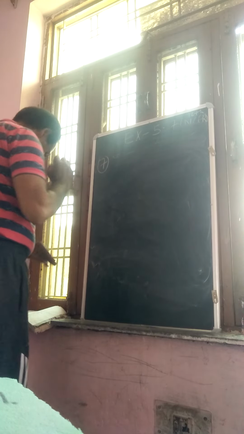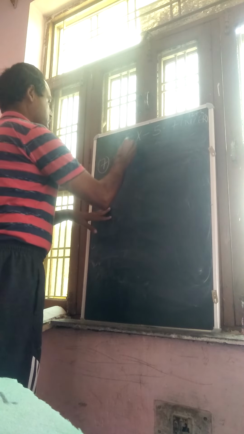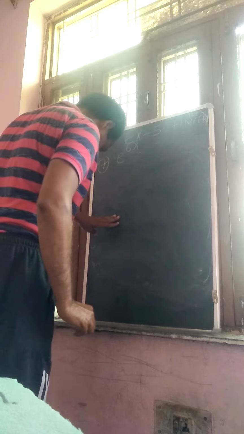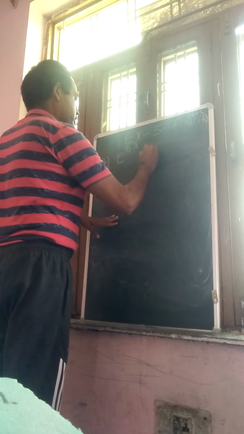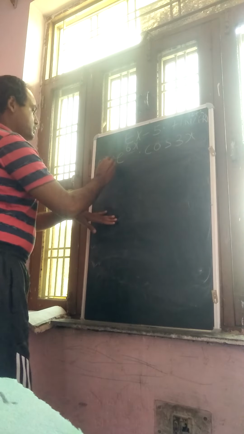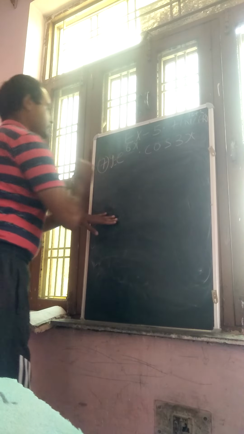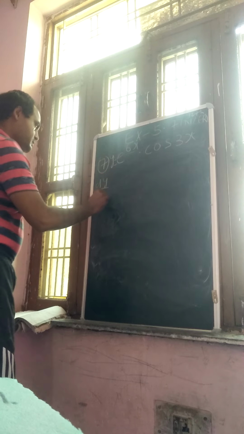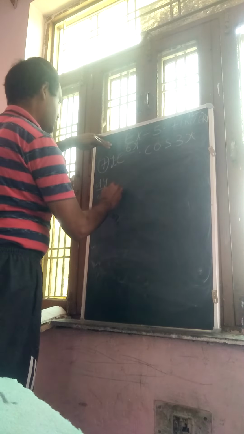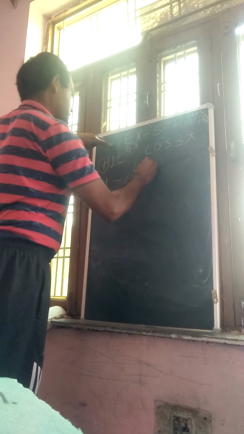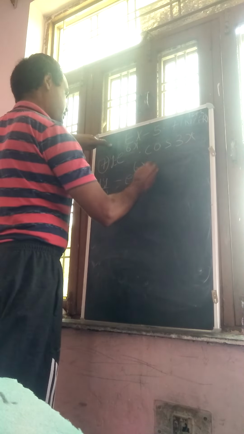e to the power 6x into cos 3x. This is equal to y. First of all, we have to find dy by dx. So dy by dx, this is first of all e to the power 6x remaining, and this is the differentiation.